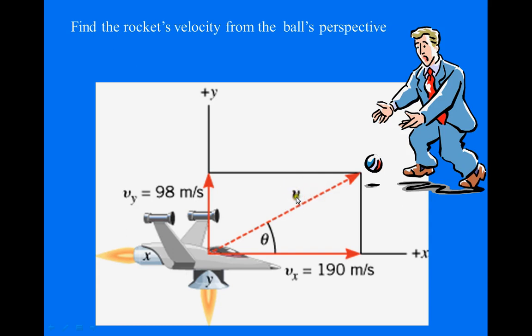So this value equals the square root of 98 squared plus 190 squared, which is some big number. Take the square root of that. I get 214 meters per second. That's the straight line final velocity. It's the vector sum. And then I can figure out the angle for that if I want to as well.